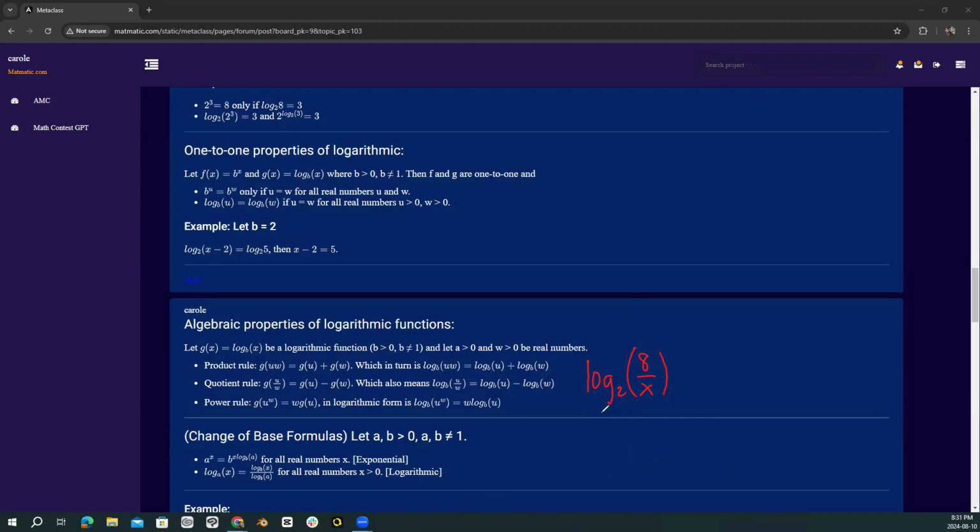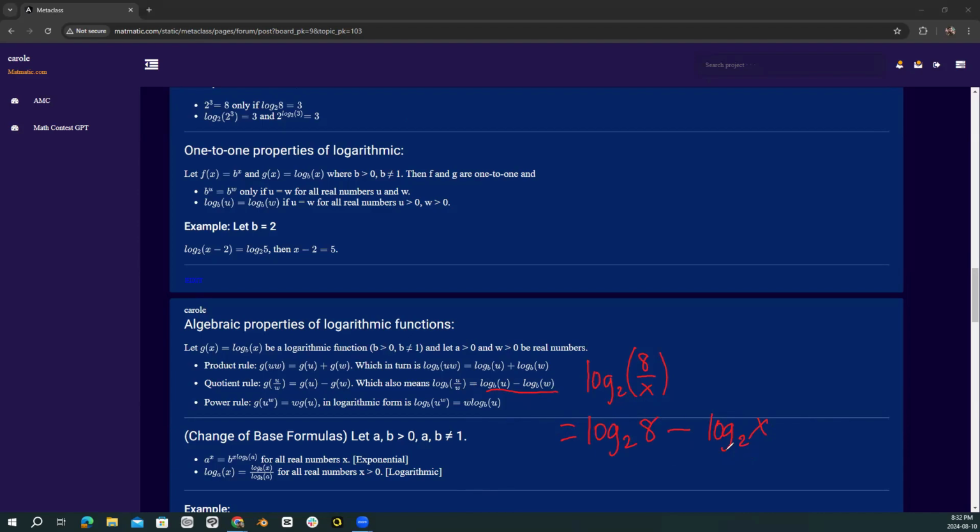By the quotient rule, we can separate this into two logs with a minus sign in the middle. So this would become log base 2 of 8 minus log base 2 of x. So this is the quotient rule.